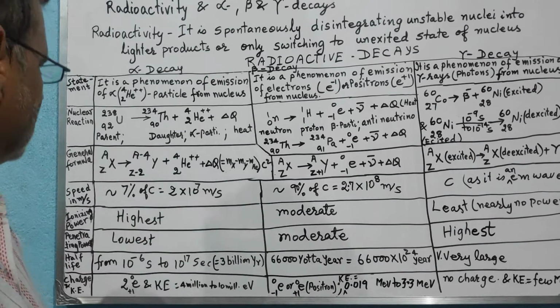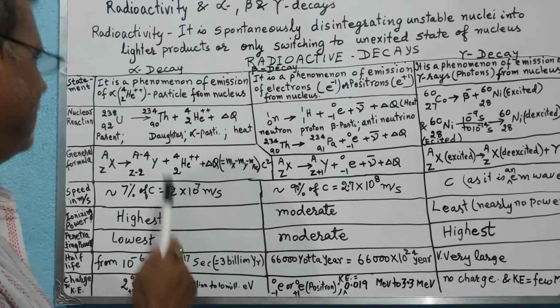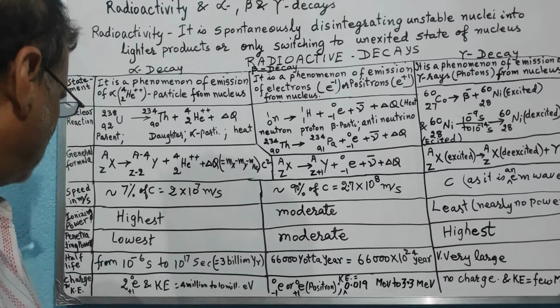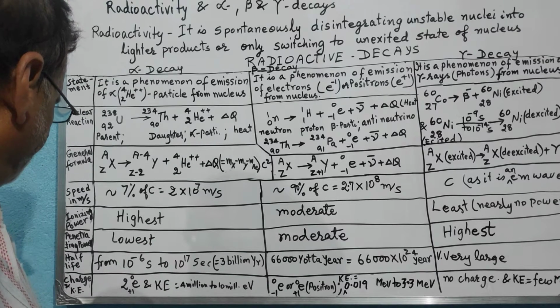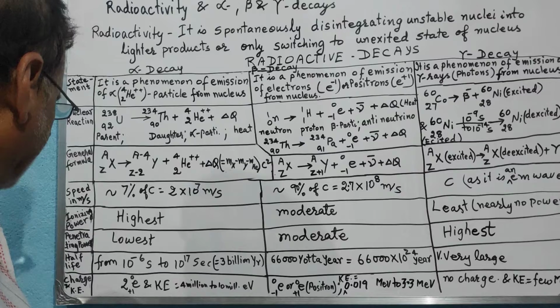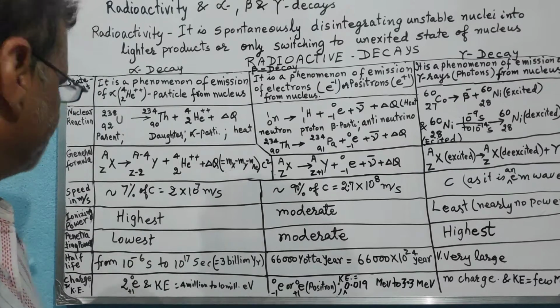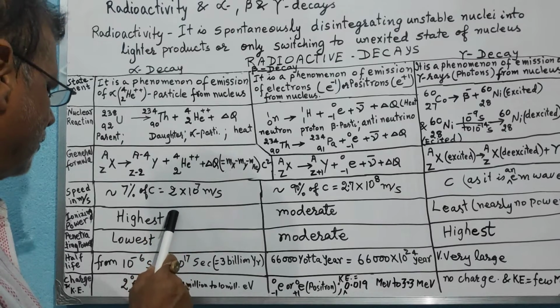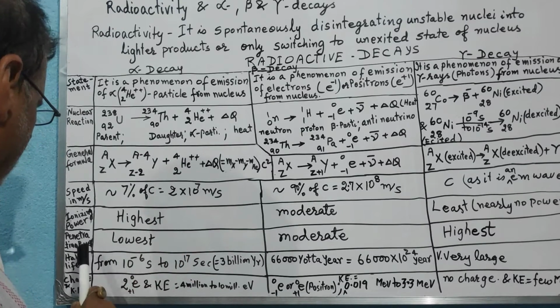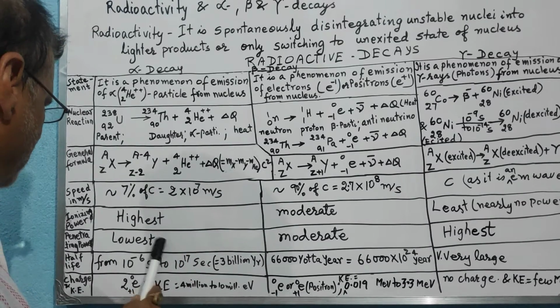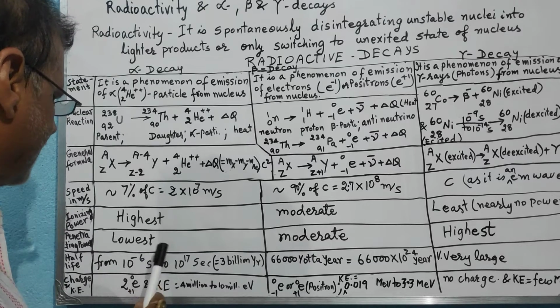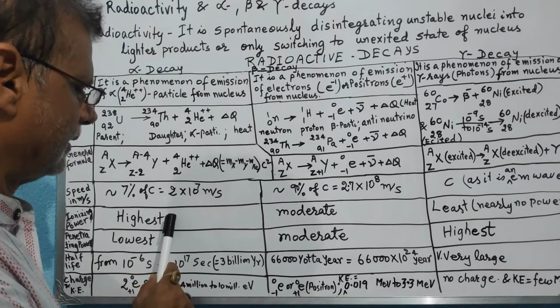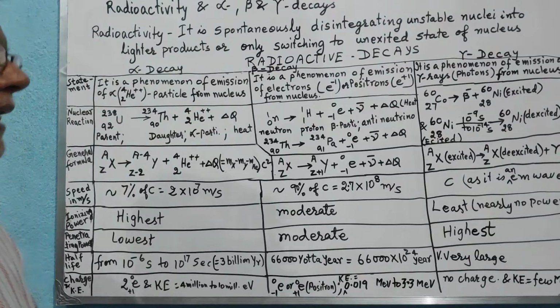Ionizing power of the alpha particle is highest and its penetrating power is the lowest, because the alpha particle is doubly charged while its mass is much bigger, so it has the lowest penetration, and greater charge, therefore it has the highest ionizing power.